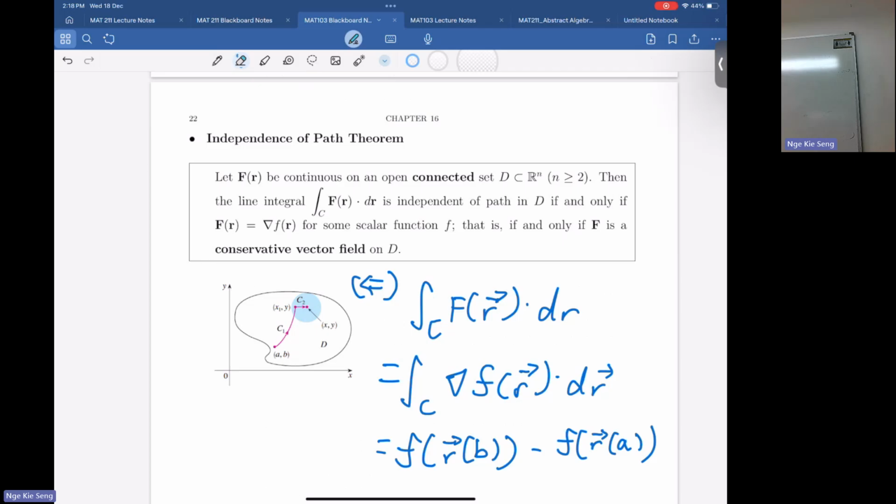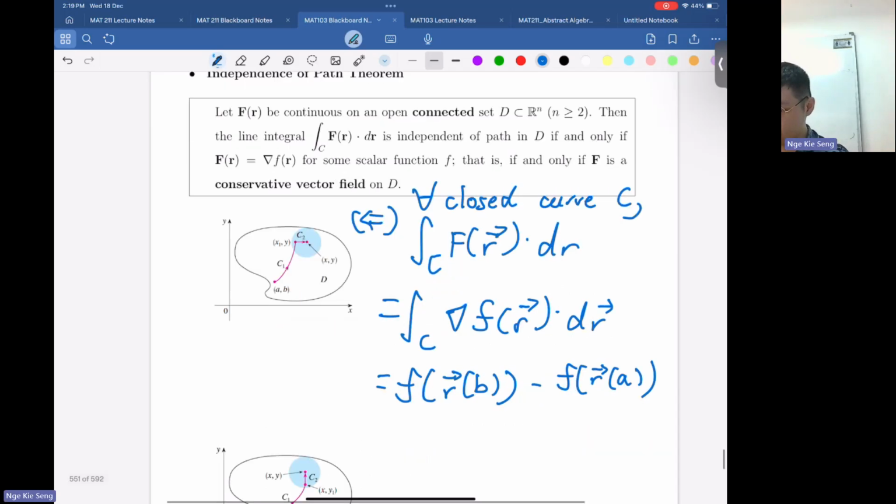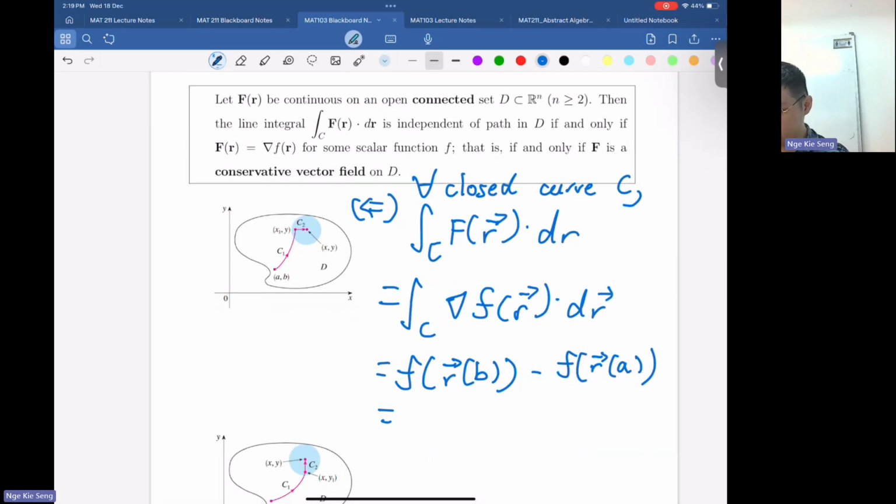Okay, so if I replace this C with a closed path, do you always get zero? Why? For a closed path, what are the start point and ending point? It is the same point. So we cannot check all curves, but we can check all closed curves C. We know that this is zero, because the starting point and the ending point are the same.